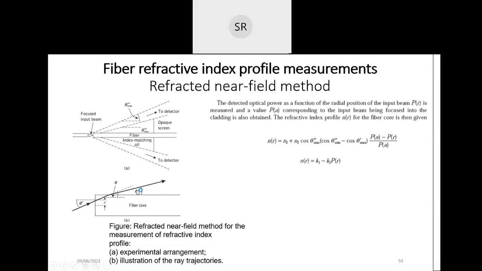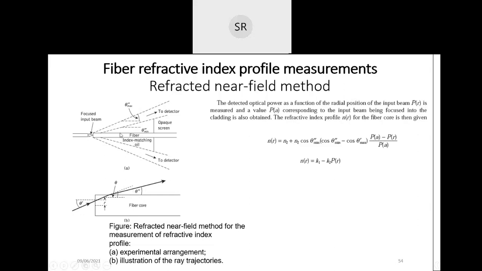So that's called theta dash here. So theta dash is the incident angle. Here we can say that the angle of your signal inside the fiber is theta, and theta dash is the refracted signal angle here.